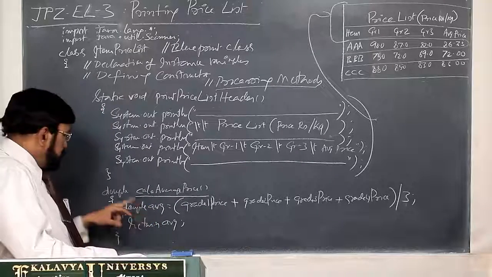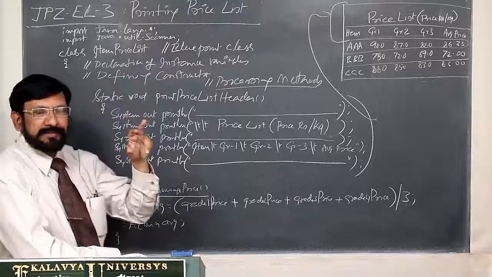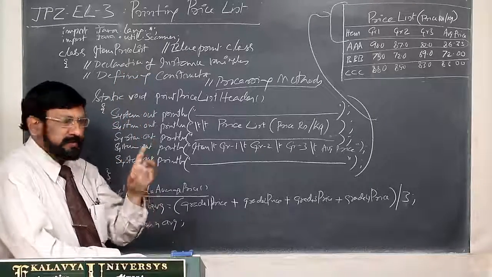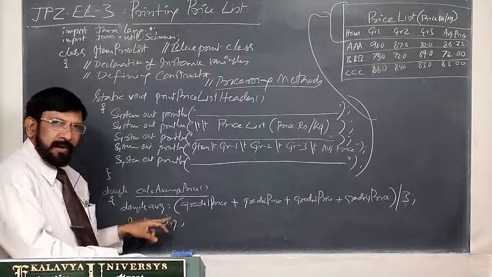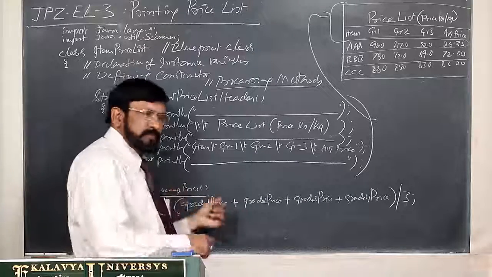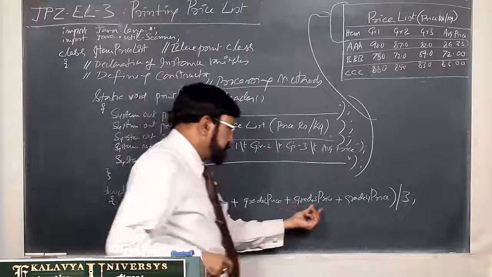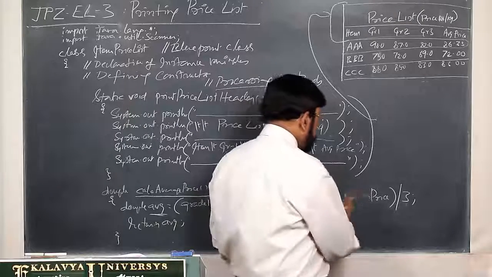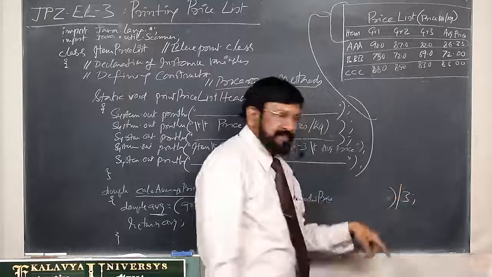In this, the return type is double, because the type of the grades we have taken is double. So obviously it returns double, and as a local variable I have defined average. Now you see, grade 1 price plus grade 2 price plus grade 3 price, and by mistake I have written grade 3 price by 3.